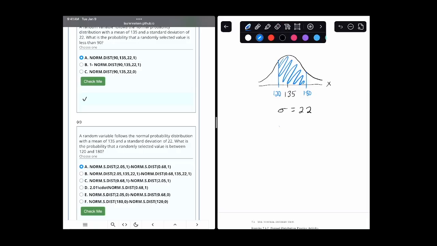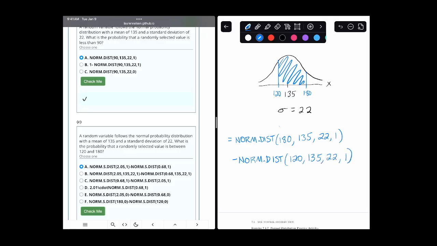And I'm going to write out what I would do, and we'll see if that's anywhere on our list. So we would do norm.dist of 180, and then we would plug in our mean and standard deviation and true. And then we'd subtract norm.dist of 120, and then our mean and standard deviation and true.